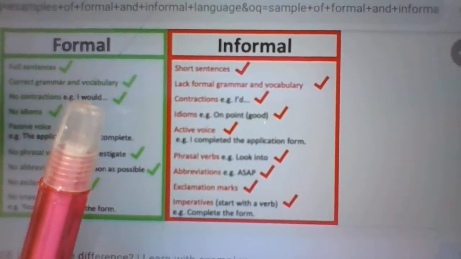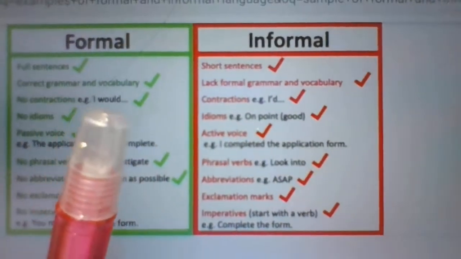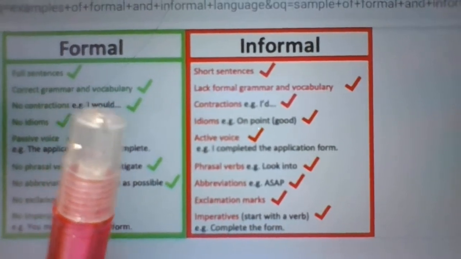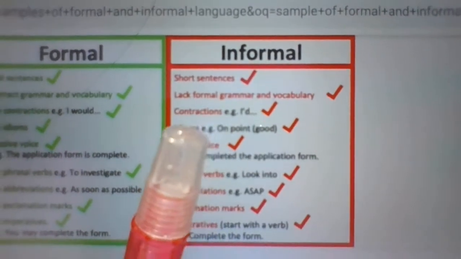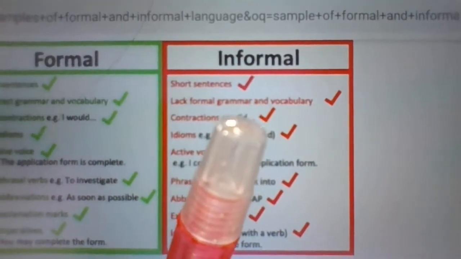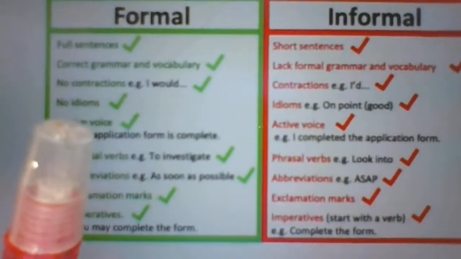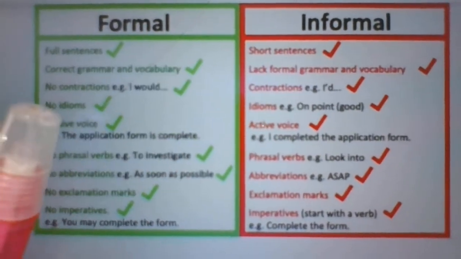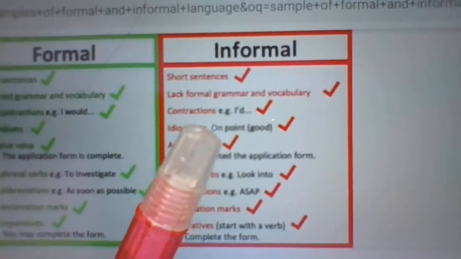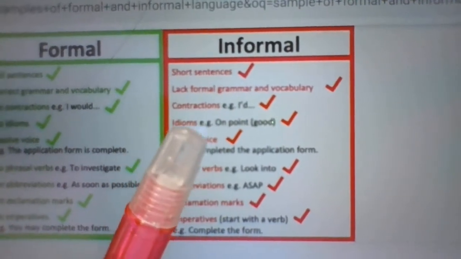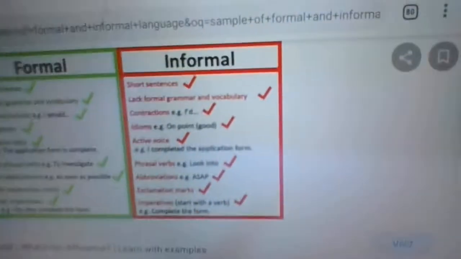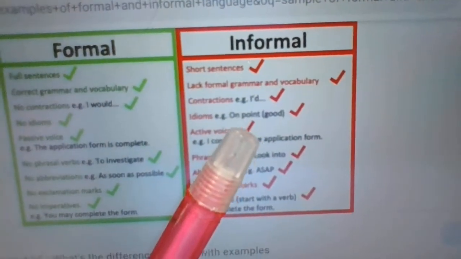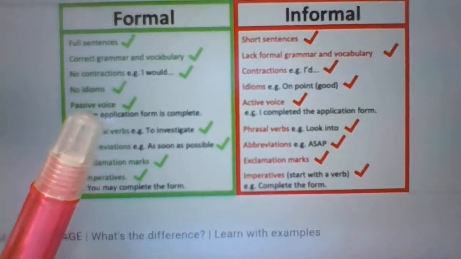This one, I would, has no contractions. I would, saya akan. This one is contractions, kata singkatan, I'd, with an apostrophe here. Then, for formal, it has no idioms. For informal, it has idioms. For example, this one, on point means good. The next one, passive voice.